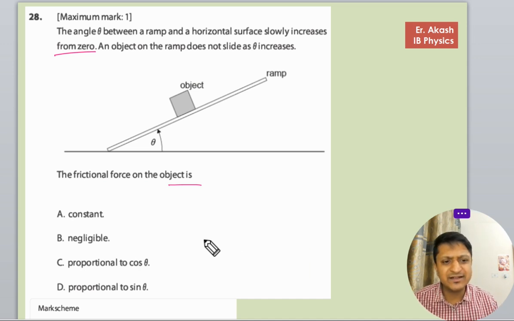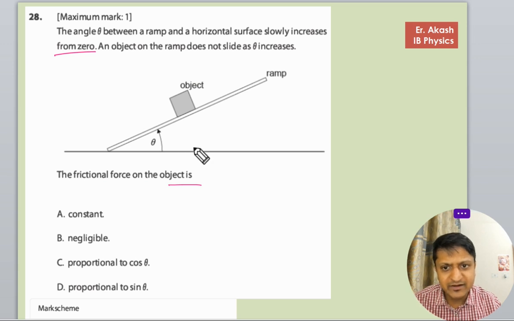So first of all, understand what's happening. When theta is increasing, see the forces on this object. It is the weight, and you know that the frictional force will be like this. And this angle will also be theta, because this is theta, this is theta.